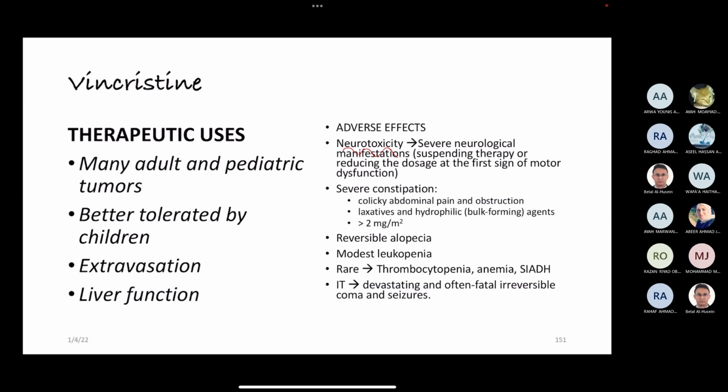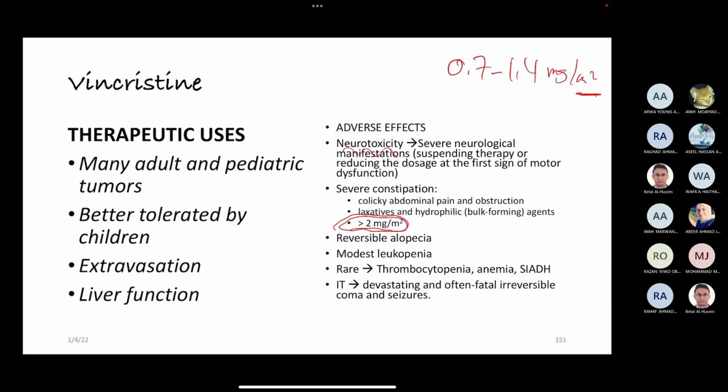That's why for vincristine in particular they limit the dose. According to the textbook, the side effects peak at 2 milligrams per meter square or more. But from clinical practice, the doses of vincristine in the protocol are 0.7 to 1.4 milligrams per meter square.